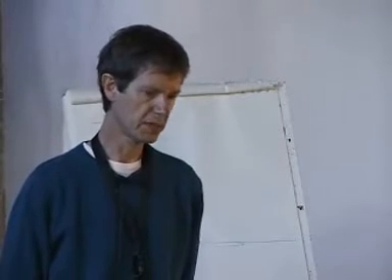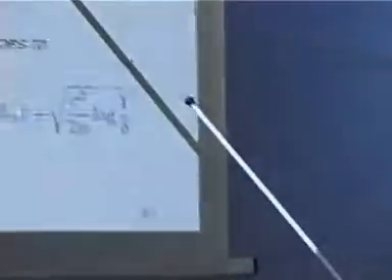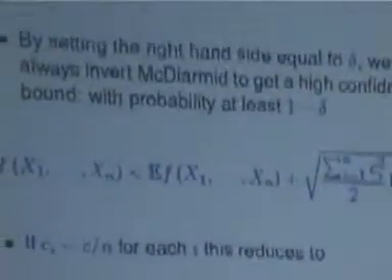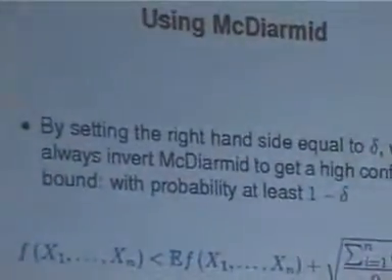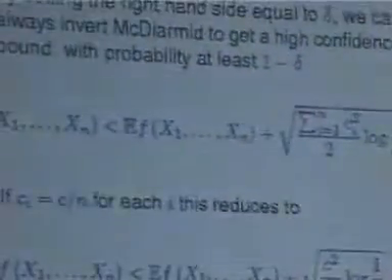If you remember the form, I've already written it in this delta, 1 minus delta form. So the sum of the C I squareds comes in here, and we have F minus the expected value of F. So here we would have D of S minus the expected value of D of S plus, and then we just substitute in that value of C I that we've got.